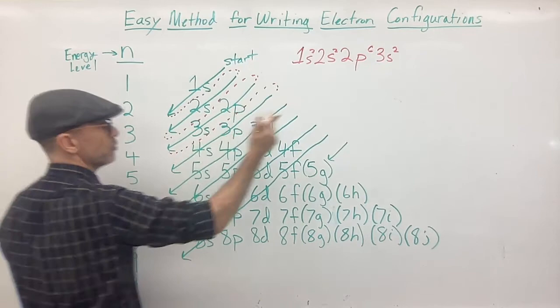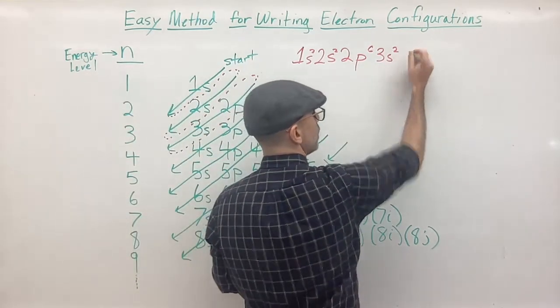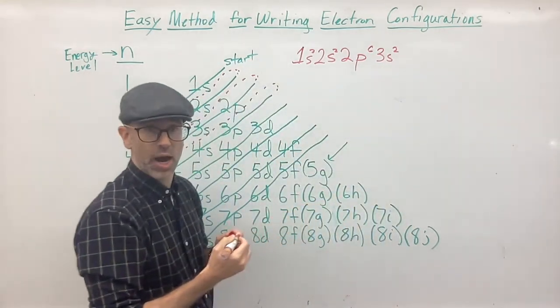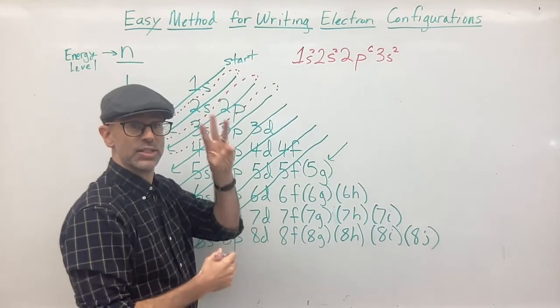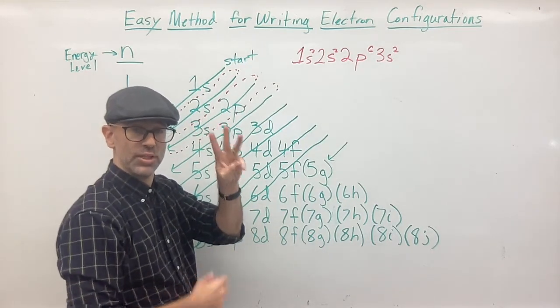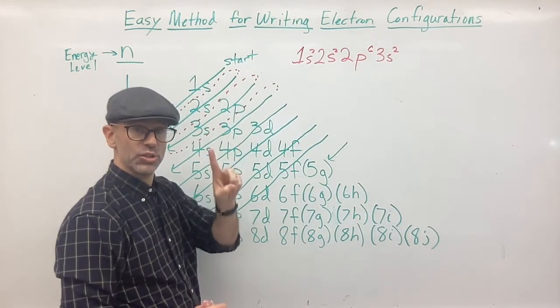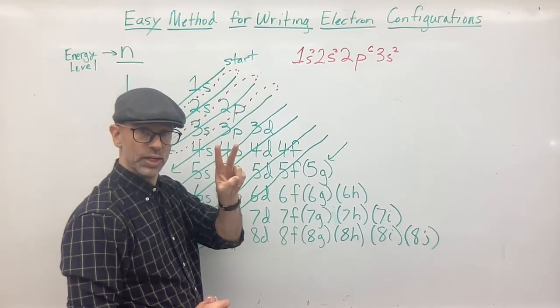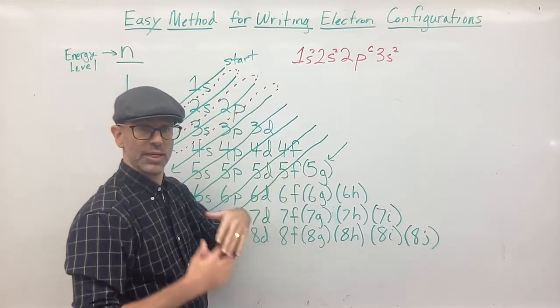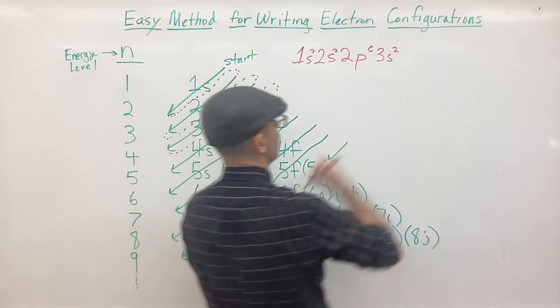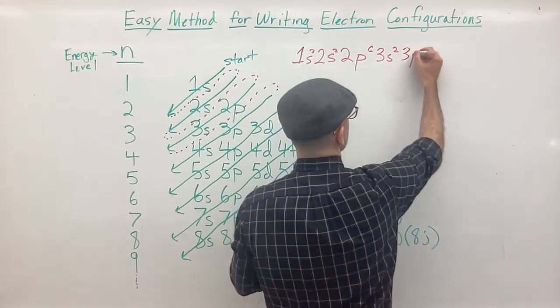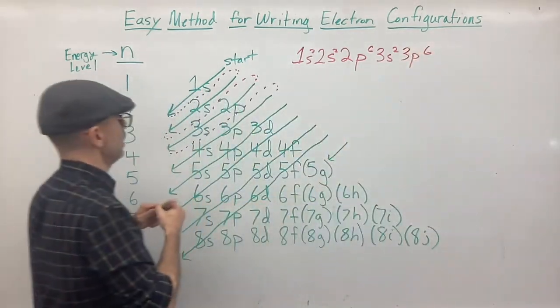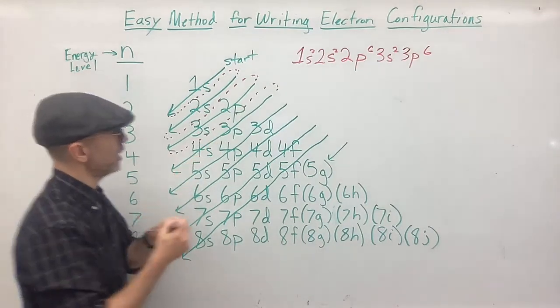Next would be 3p, and the p sublevel has 6 electrons. Why? Because that sublevel has 3 p orbitals. Each orbital holds 2 electrons maximum. 2 electrons times 3 orbitals, that's 6 total. So that's going to be 3p6. And then next would be 4s.